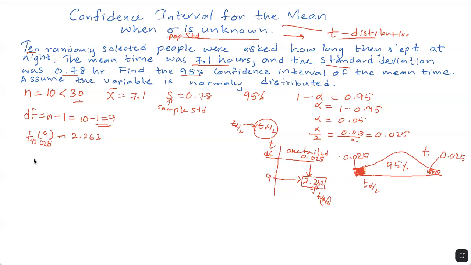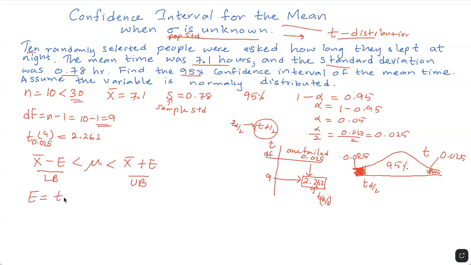To find the confidence interval, it is x bar minus margin of error, less than the population mean time, less than x bar plus margin of error. So we are going to find the lower bound and the upper bound of this confidence interval. Let's calculate the margin of error.